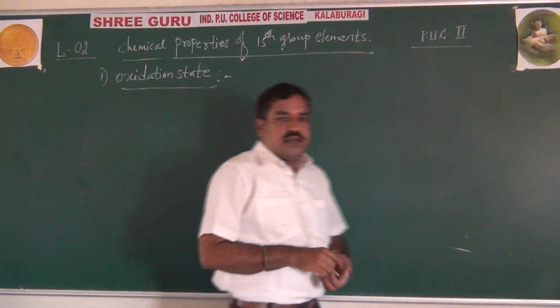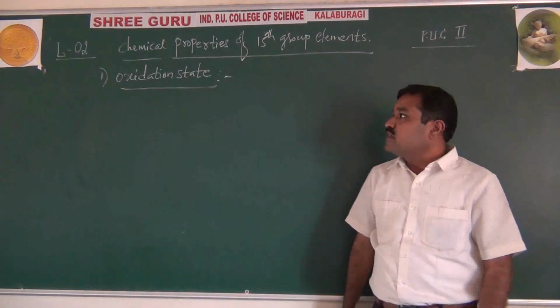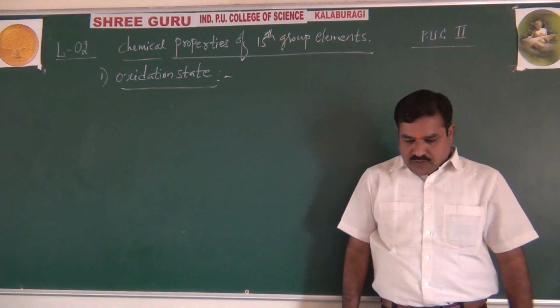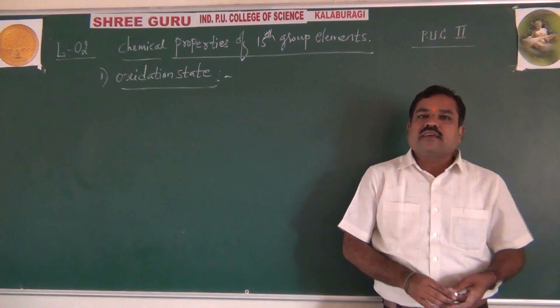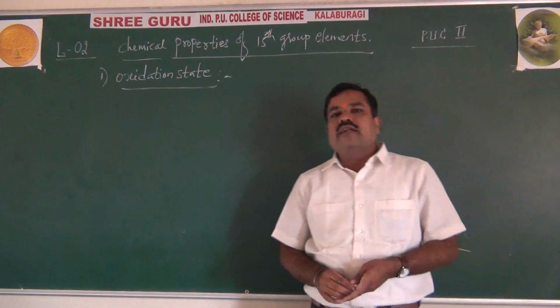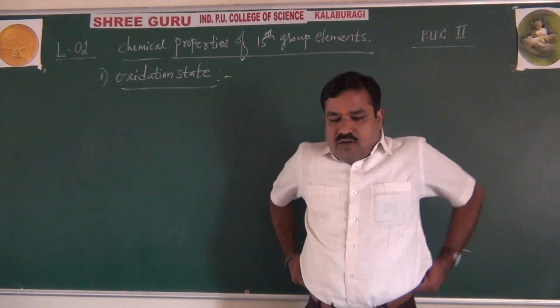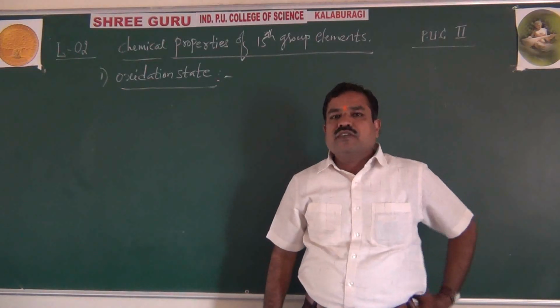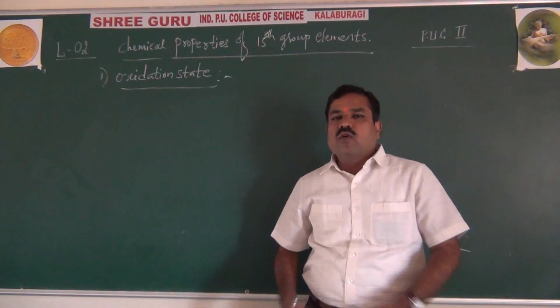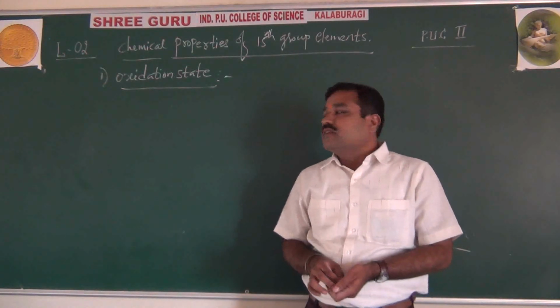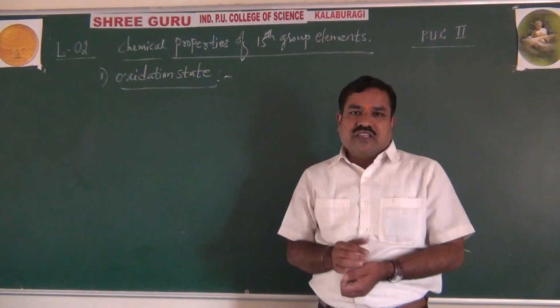Students, you already know in the first year what oxidation number and oxidation state are. The oxidation number or oxidation state is the apparent charge carried by an atom or ion, or a molecule, polyatomic ion or complex ion. It may be positive, negative or even zero. It may even be fractional also. That you already know from your redox reaction knowledge.